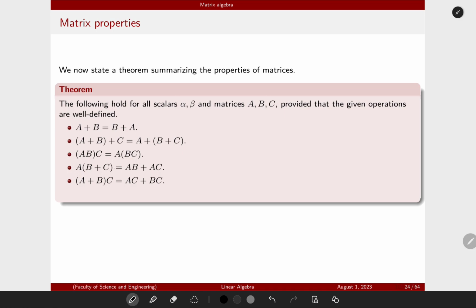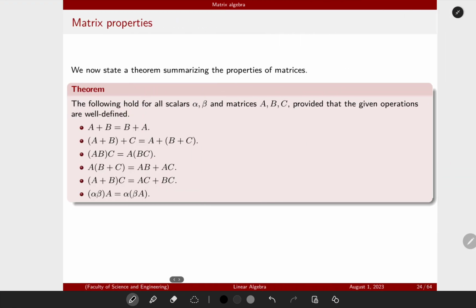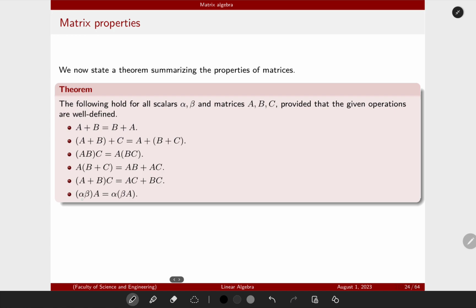As I told you before, matrix multiplication is not necessarily commutative, so we need to state both. And then we have that multiplying our two scalars first, and then multiplying A by them, or multiplying A by beta and then by alpha is the same. So scalar multiplication of matrices does commute.